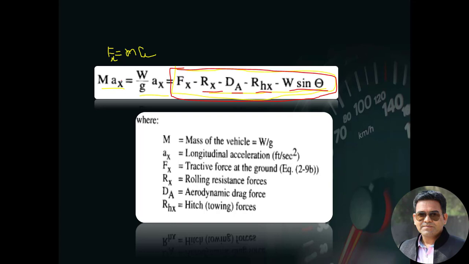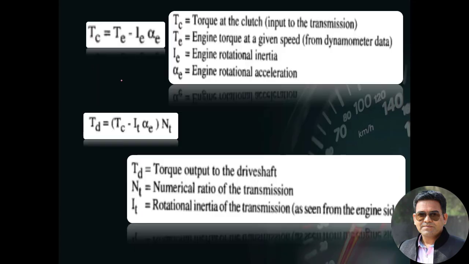Okay, so by using this fundamental theory, we can say this is our first equation. TC indicates the total torque at clutch, and TE indicates the total torque produced by the engine, minus, as I said, the total reduction in the torque, which equals the rotational inertia of the subsequent mechanical system.